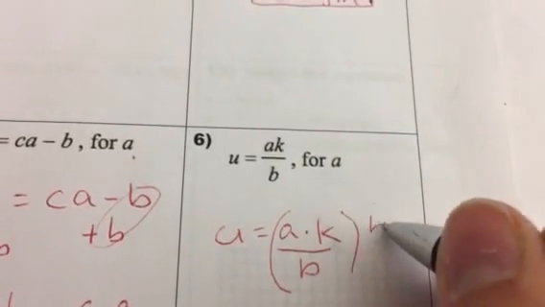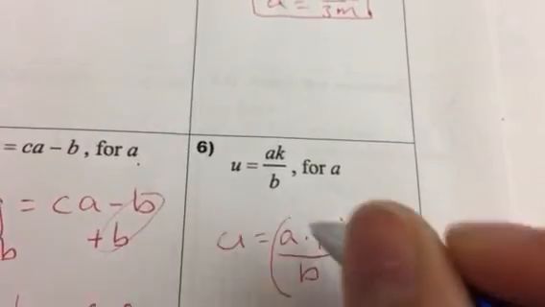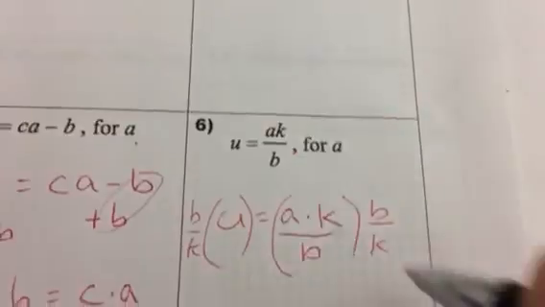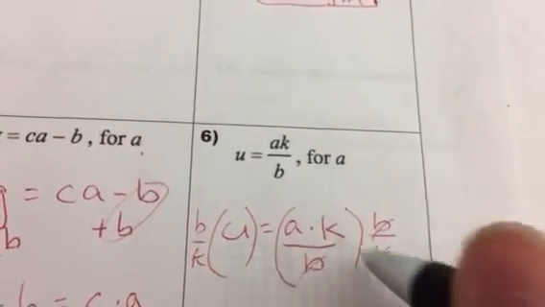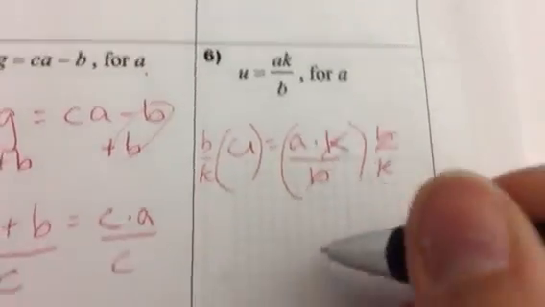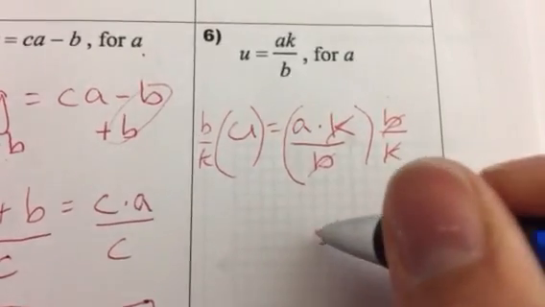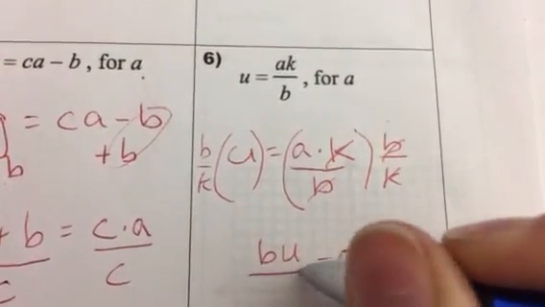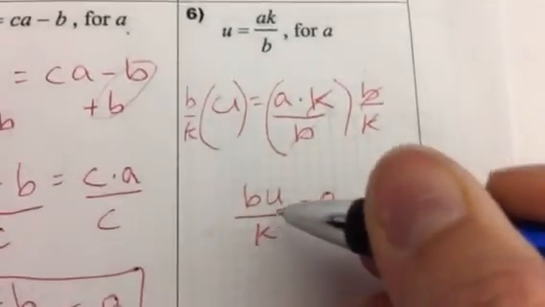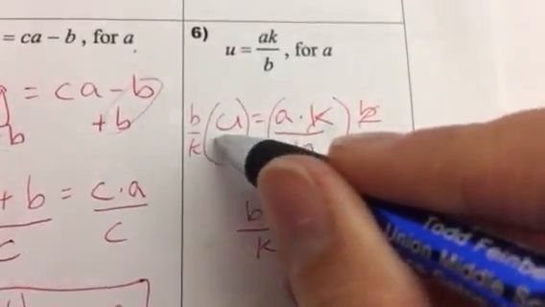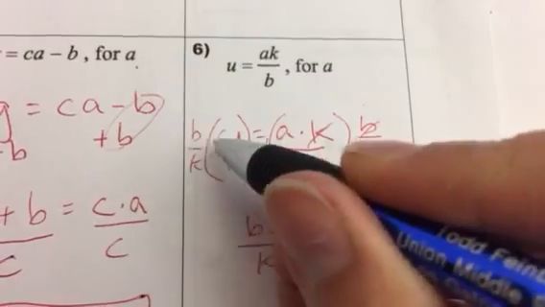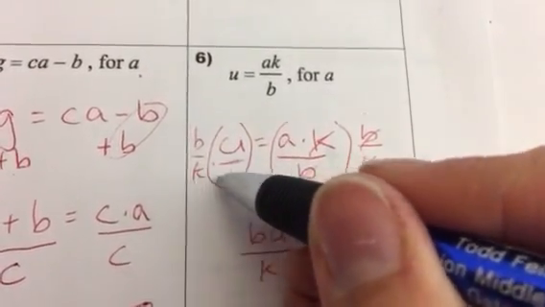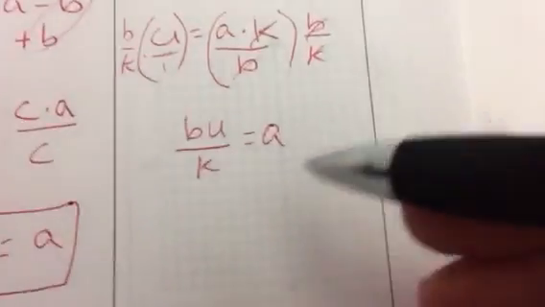So I'm going to multiply this by b over k, and this will eliminate all the unwanted stuff in 1 step. So a is equal to bu over k. Now how did I know how to combine this? Because this is like saying u over 1, and I'm multiplying 2 fractions here. So I get b times u over k times 1, or just k.